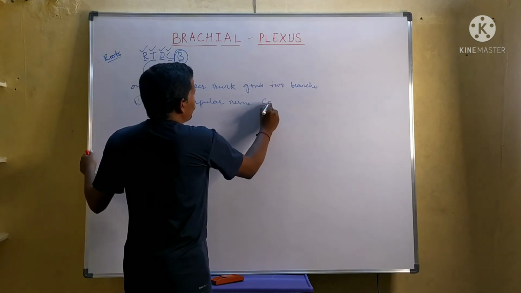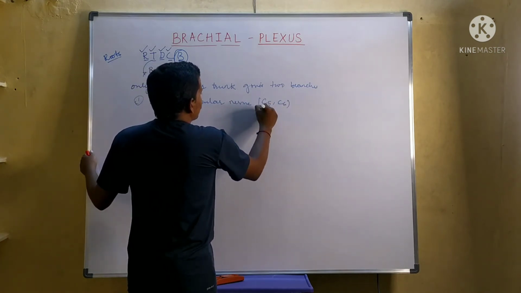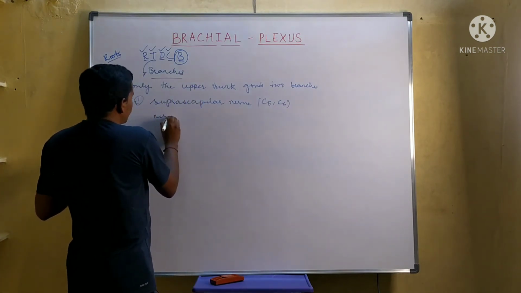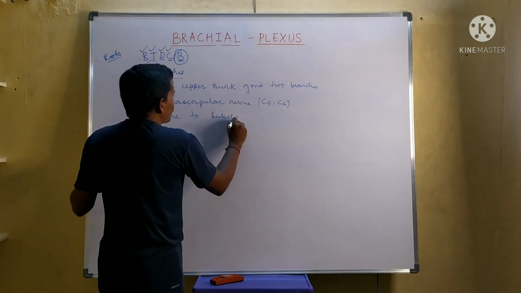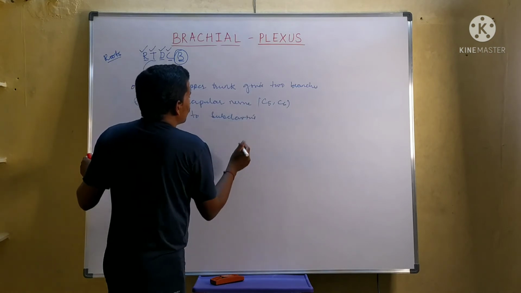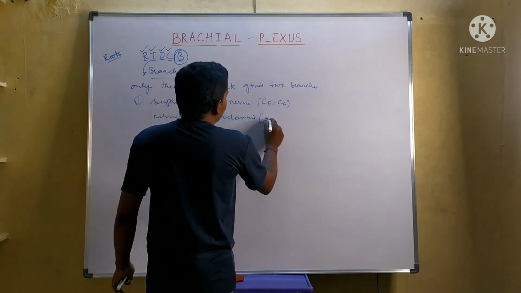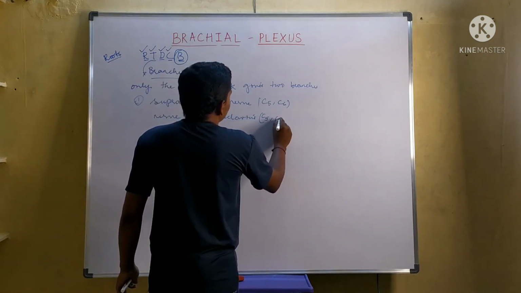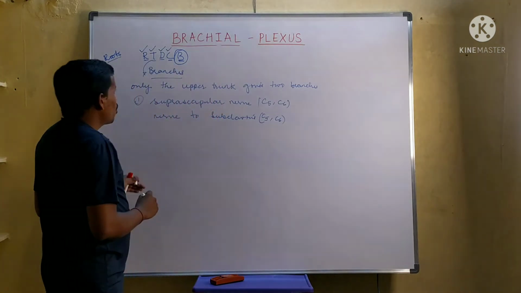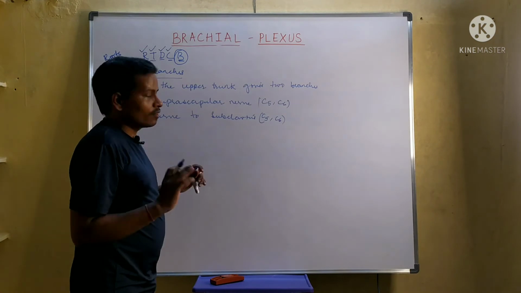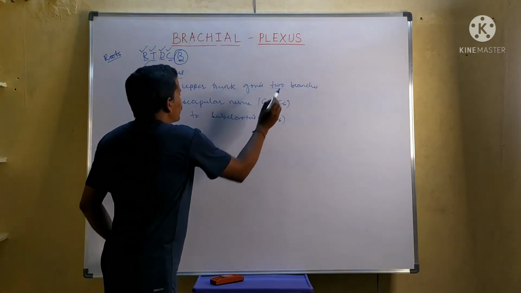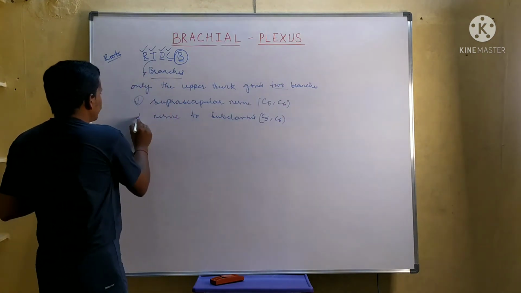Root value is C5, C6, and nerve to subclavius. Subclavius muscle. Root value is the same, guys, C5 and C6. Only the upper trunk of the brachial plexus gives branches. Those are two branches, the suprascapular nerve and the nerve to subclavius.